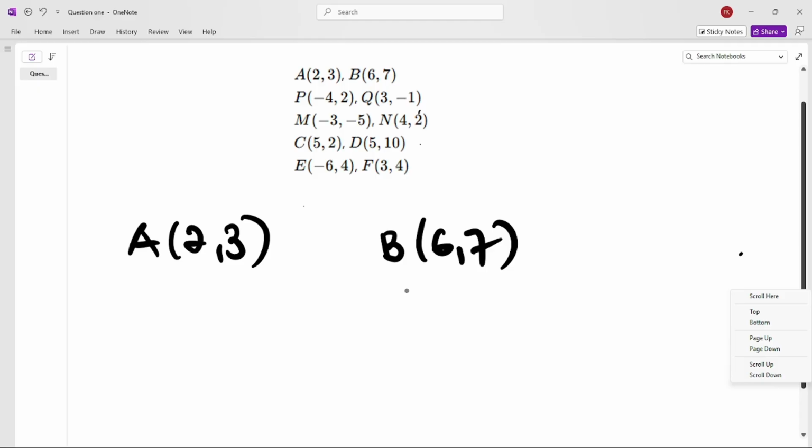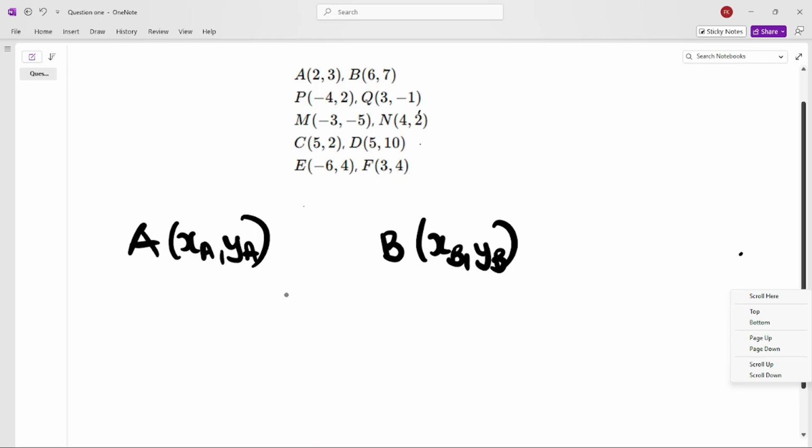So we need to be very careful how we go about finding the gradient of this line. For us to do that, I'm going to remove the values now and put the symbols there rather. The symbols are x of a comma y of a, and x of b comma y of b.